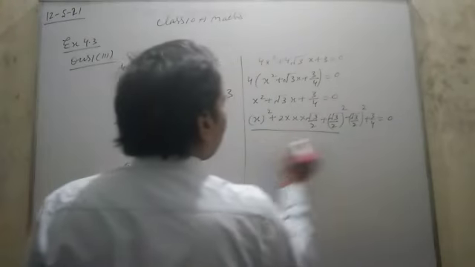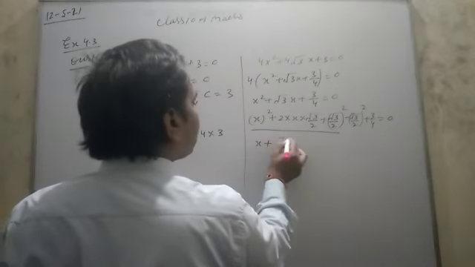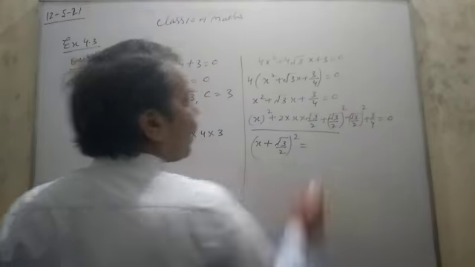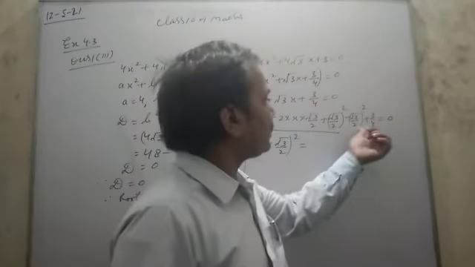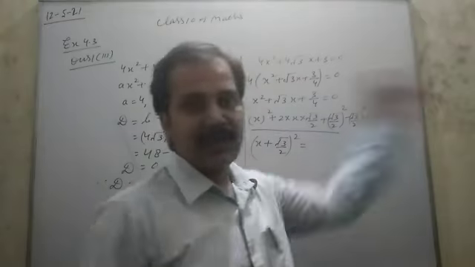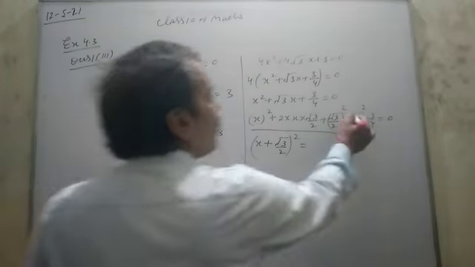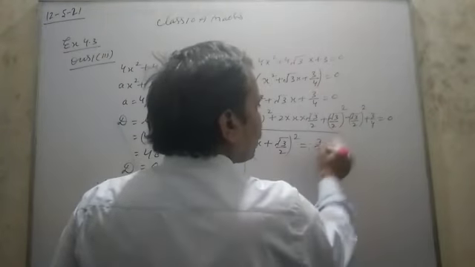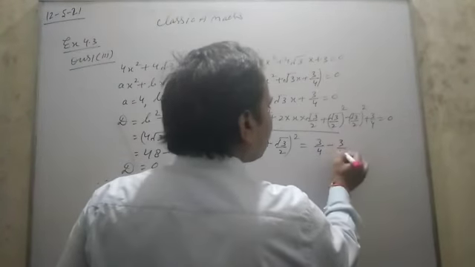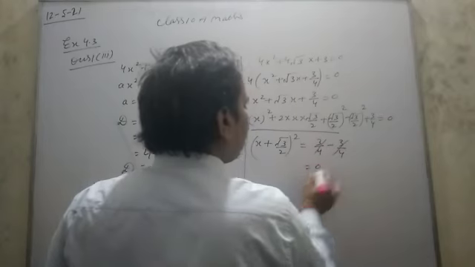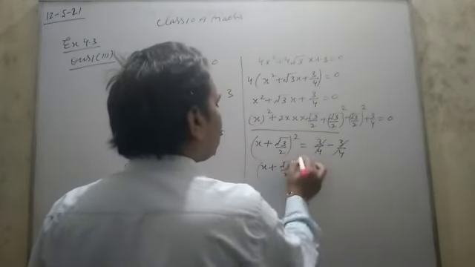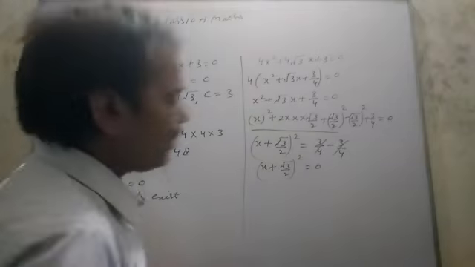So this is the formula, a plus b whole square, and the remaining terms, write these two terms and transfer them to the right hand side. So there the square is 3 by 4 and this minus, so plus, and this plus, so minus, so 0. So x plus under root 3 by 2 whole square is equal to 0.